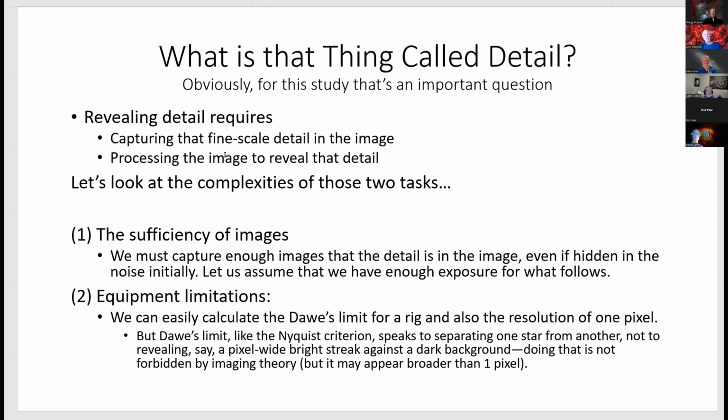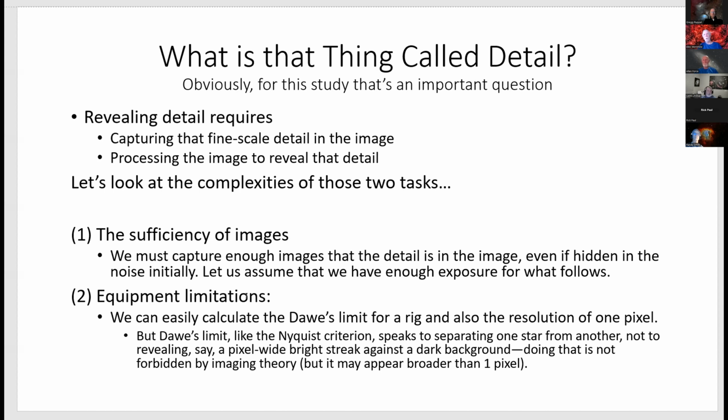But what controls how much detail we actually end up with in our final RGB image? One thing is that we take enough images. We have to have enough images, even in the RGB channels, to suppress noise in those channels, at least some, and to bring out subtle differences in hues and tones within those colors.